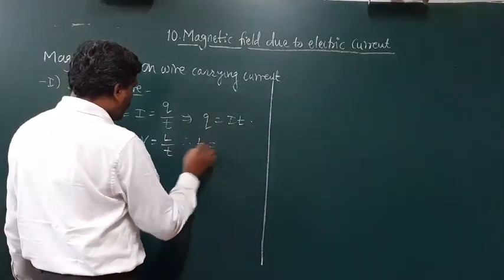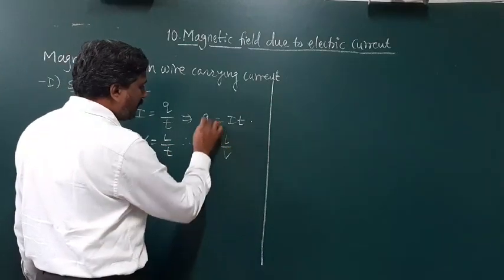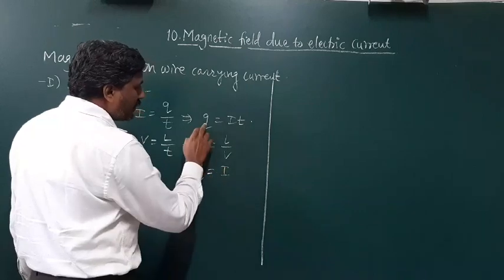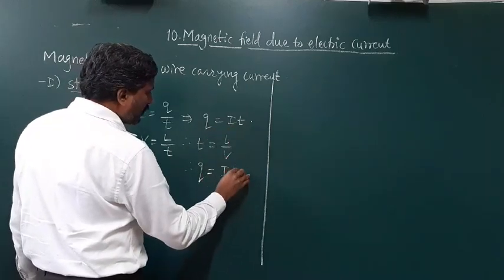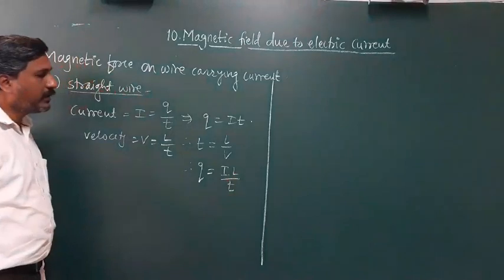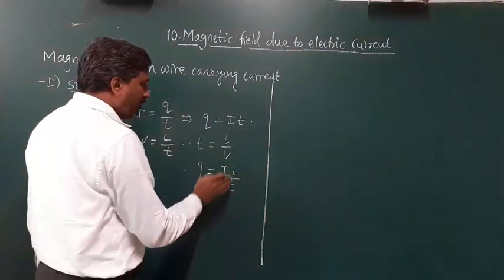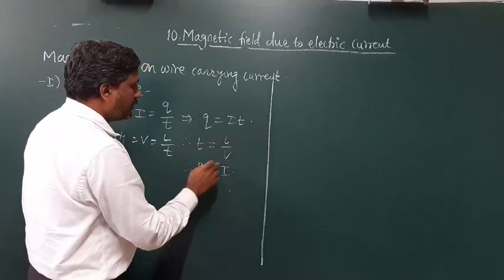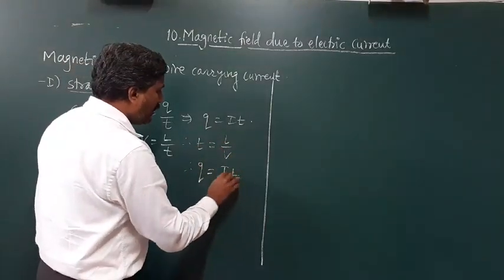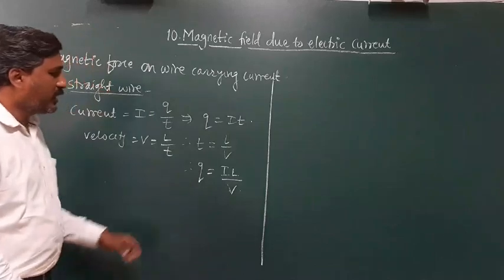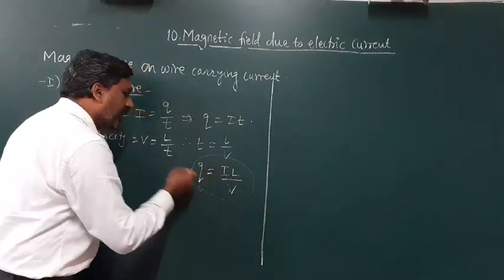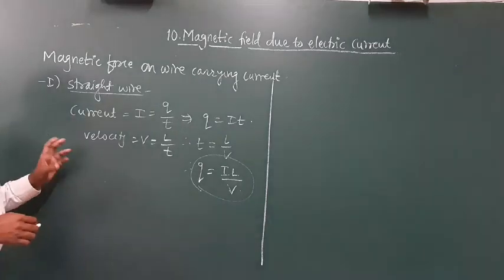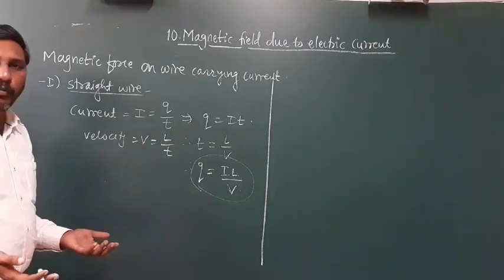Therefore, time equals L upon V. Therefore, q becomes I into t, but instead of t we substitute L upon V. So q equals I L upon V. This is one more formula for the electric charge, and in this article we are using this formula, that the charge is given by I L upon V.